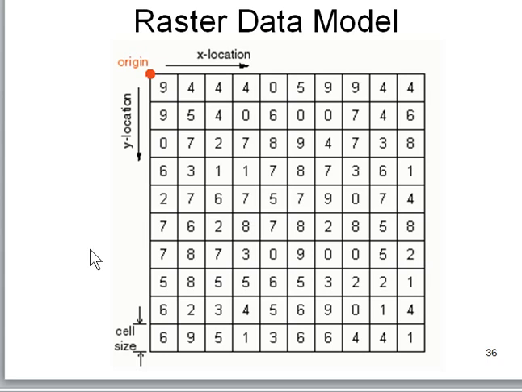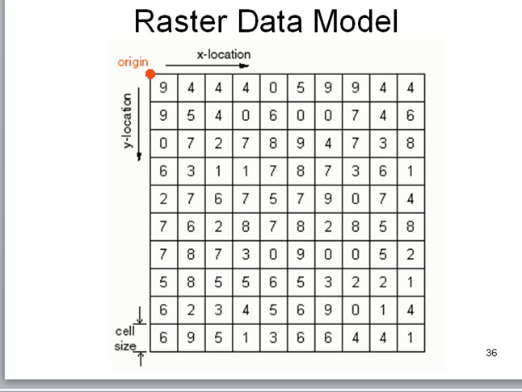Okay, so each of these covers a 10-meter area, and it's just draped over a landscape. And let's say that the numbers stand for a type of vegetation, so that a 0 might mean open water, a 4 might be grassland, a 9 would be Douglas fir forest. And so each of these 10 meter by 10 meter squares is generalized by the predominant landscape in that area.